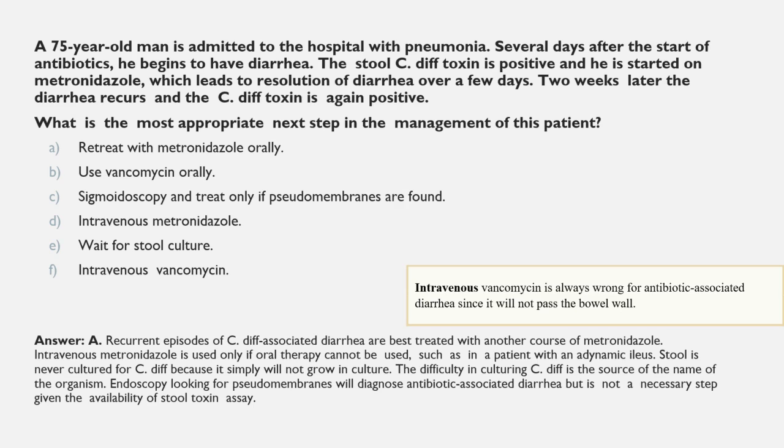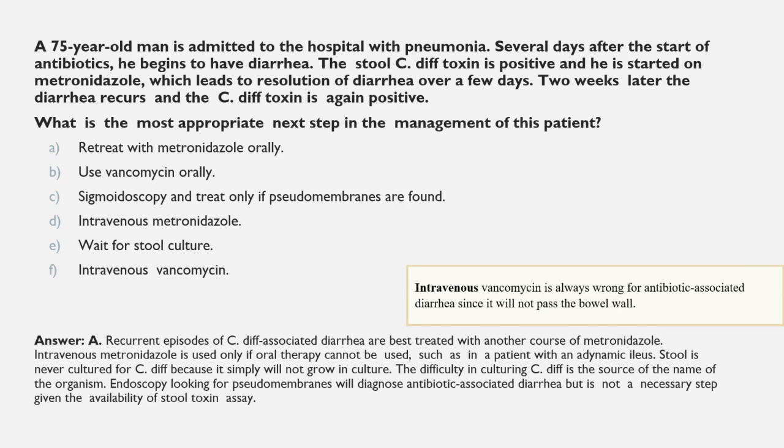Two weeks later, the diarrhea recurs and the C. diff toxin is again positive. And the question here is, what is the most appropriate next step of management of this patient?